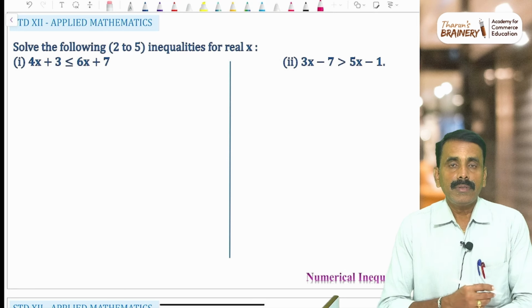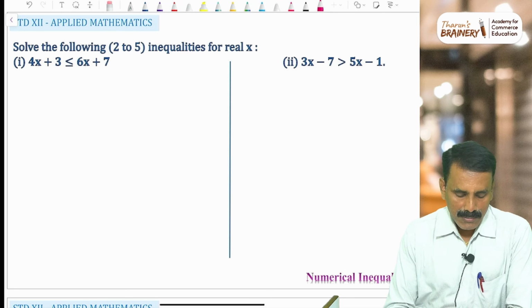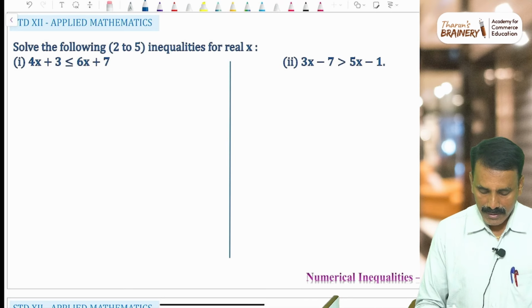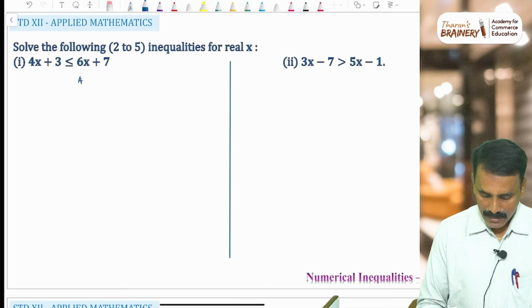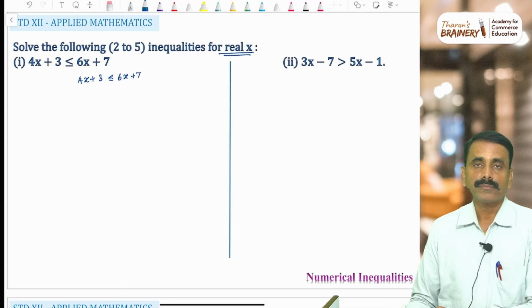In this question, in the first subdivision, 4x plus 3 is less than or equal to 6x plus 7. So, the inequality is 4x plus 3 less than or equal to 6x plus 7, and we are going to find the real values of x.